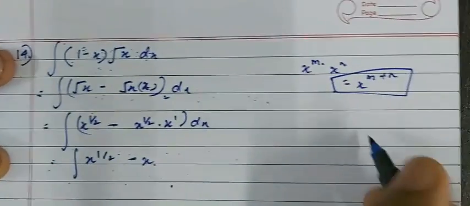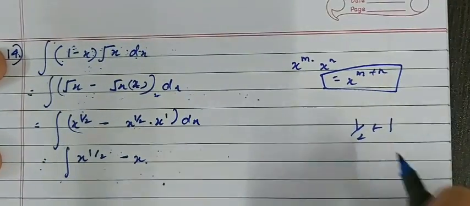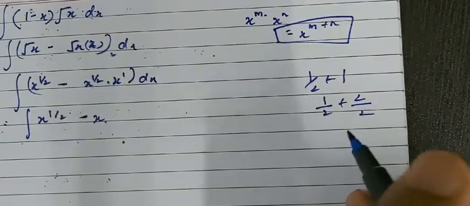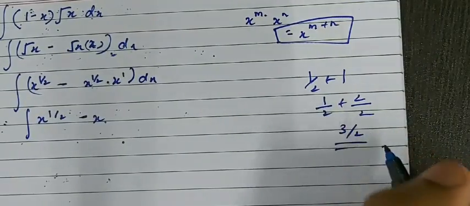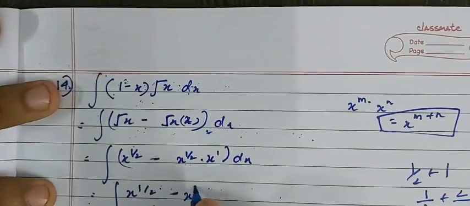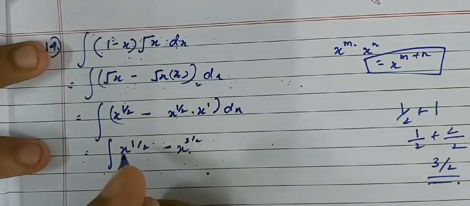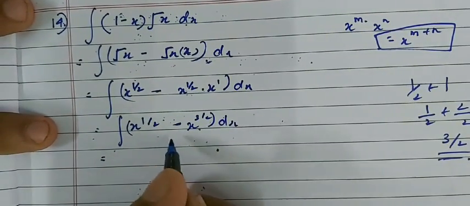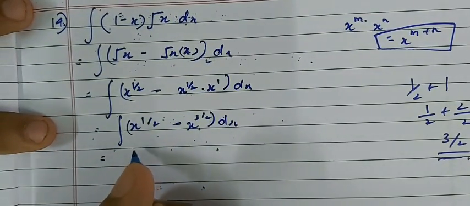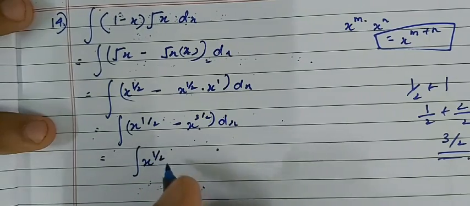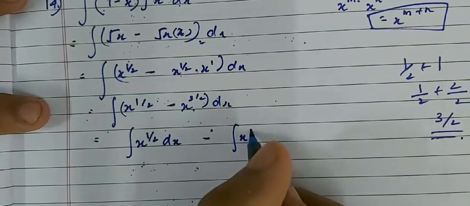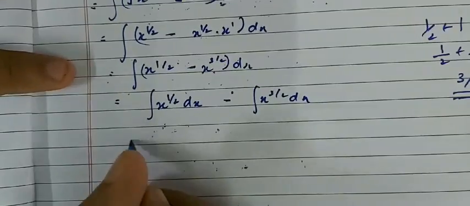So it will become half plus 1, half plus 2 by 2 LCM. So it will become 3 by 2, 1 and a half. So x raised to 3 by 2 dx. So there is a minus in between, so we can split this and write. So it will come as x raised to 1 by 2 dx minus x raised to 3 by 2 dx.